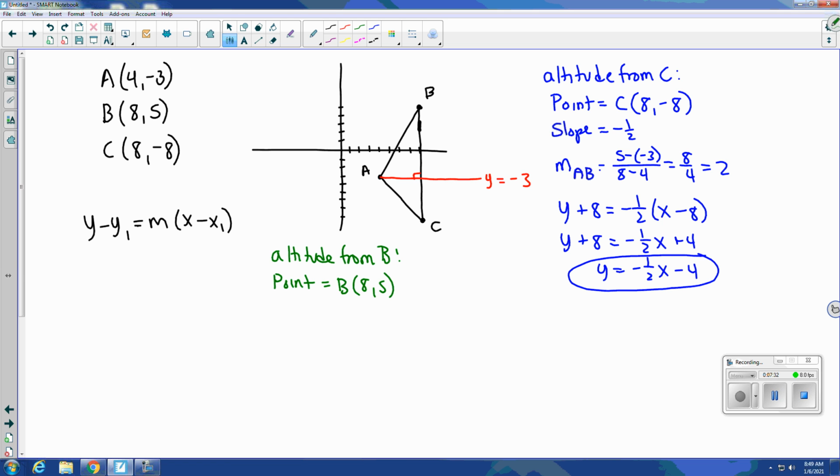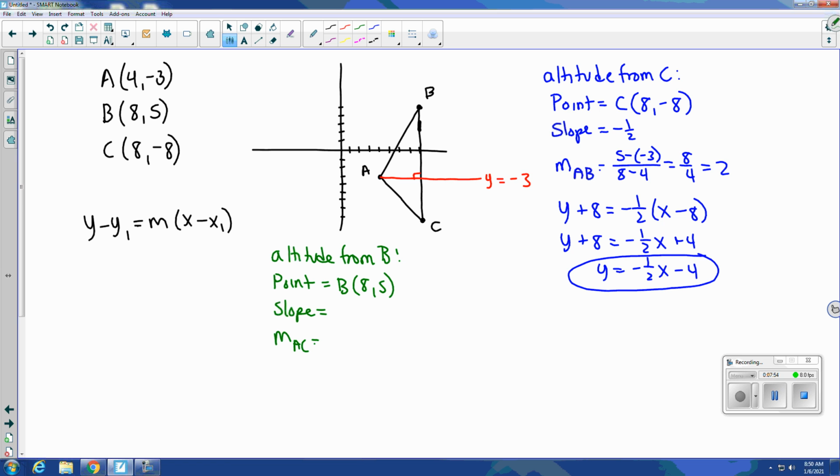Now, we know that the altitude from B should run perpendicular to side AC. So we can calculate the slope of side AC because we have the points for A and C, and then just take the negative reciprocal to get the slope of our altitude. So for the slope, we don't know yet, so we'll just do slope of AC.